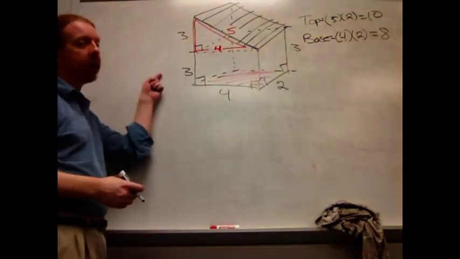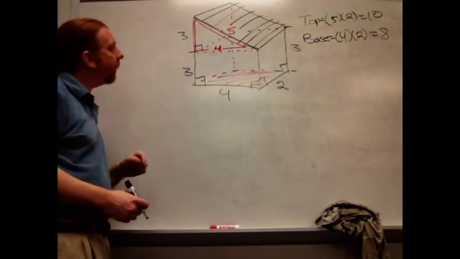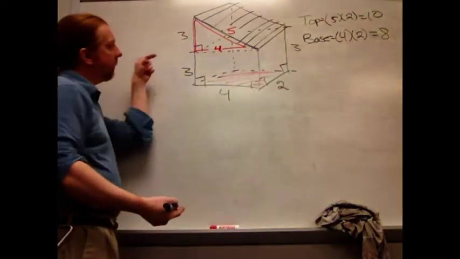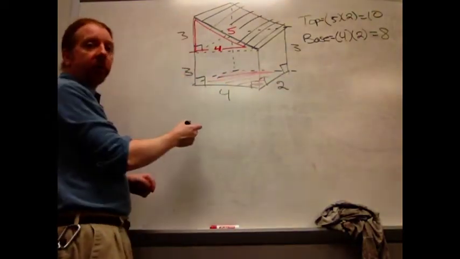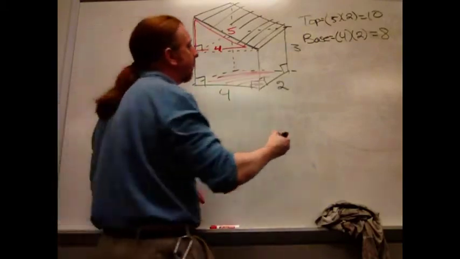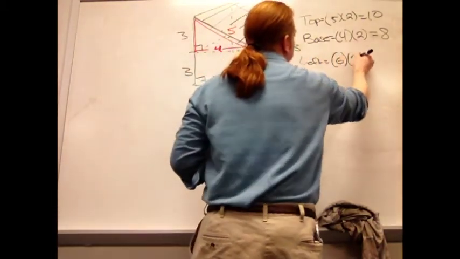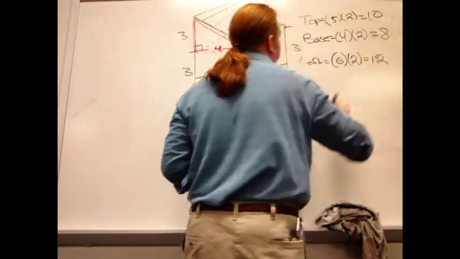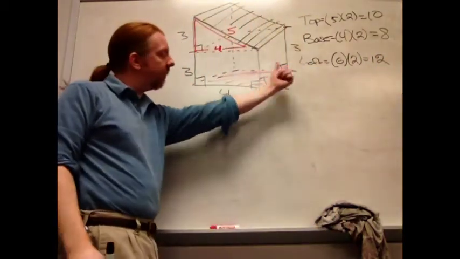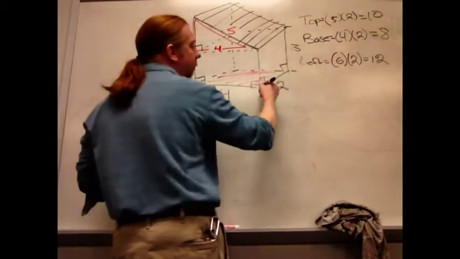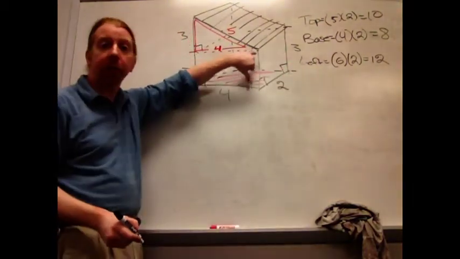Now, I can talk about the left over here and the right. The left is 6 units tall and 2 units deep. The right, this side over here, is again 2 units deep, but in this case only 3 units tall.